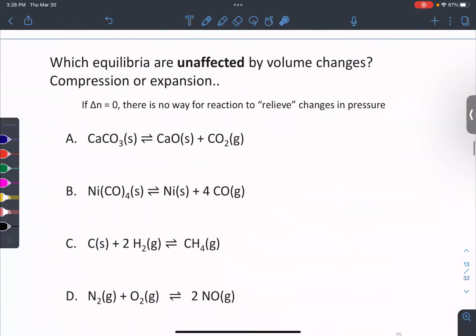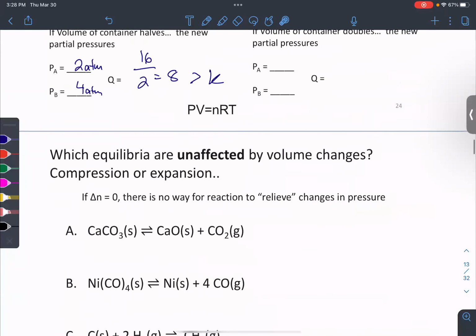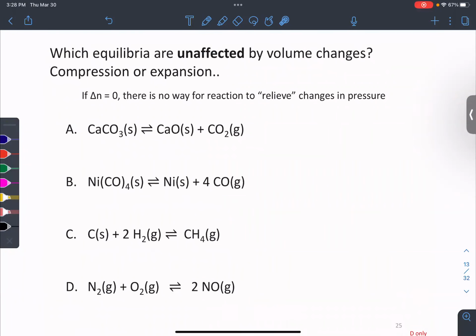Okay. So in this example, we do have changing moles of gas, but not always. There are some equilibria that are actually unaffected by volume changes, and that will happen when the moles of gas for a reaction remain the same. The reason is because there's no way for the reaction to relieve itself of pressure effects. So for example, here, this first reaction, delta N is equal to +1, that is, as the reaction progresses forward, you're gaining 1 mole of gas.